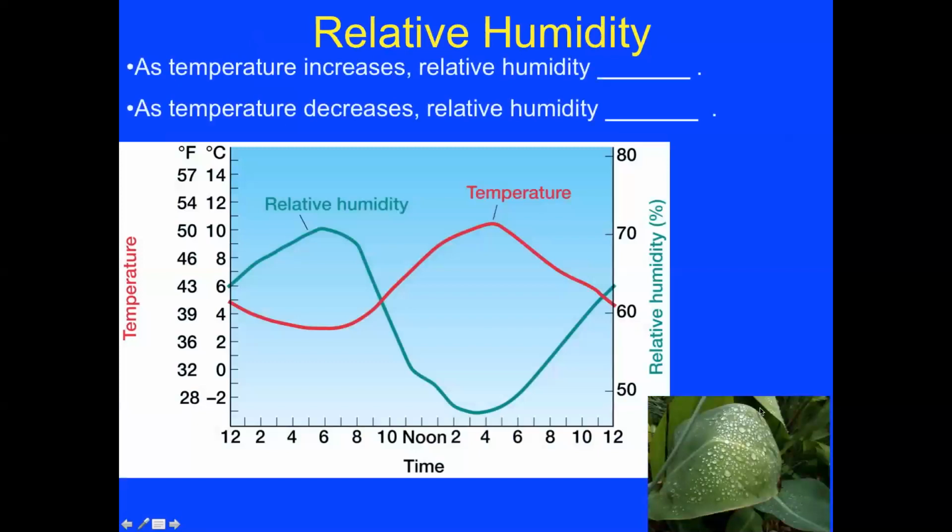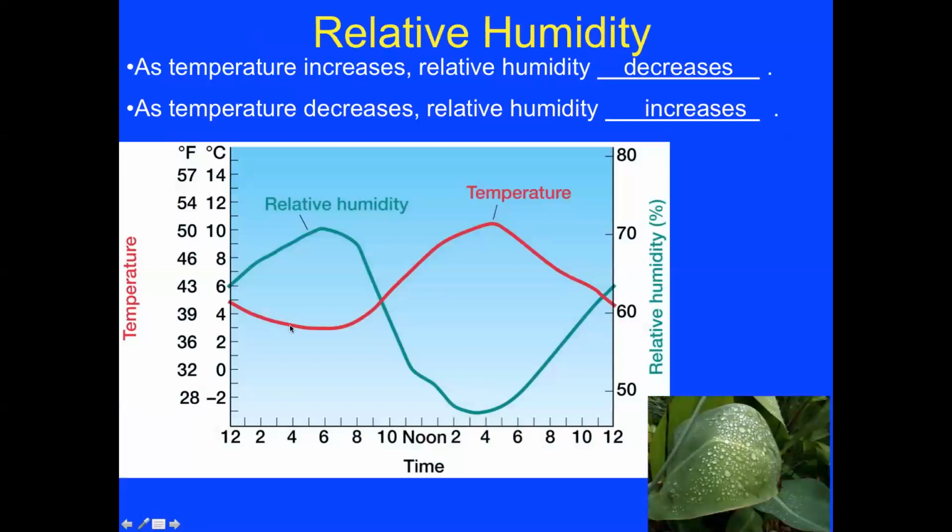So on these couple of sentences for your notes, as temperature increases, what happens to relative humidity? So here we have temperature increasing. What's happening to relative humidity? And as temperature decreases, over here, what happens to relative humidity? So I'd like you to be able to fill in those sentences and make a statement that as temperature increases, here, relative humidity decreases.